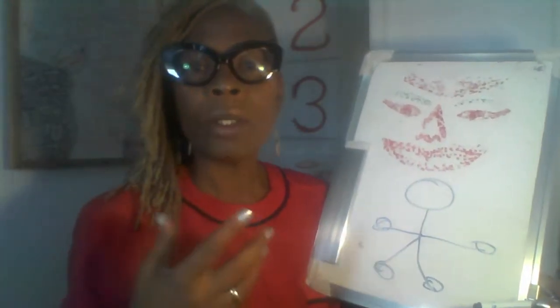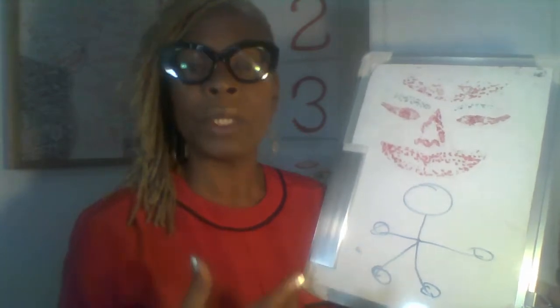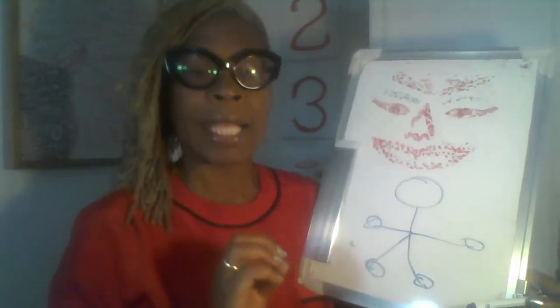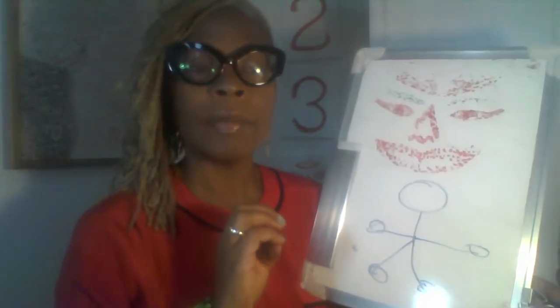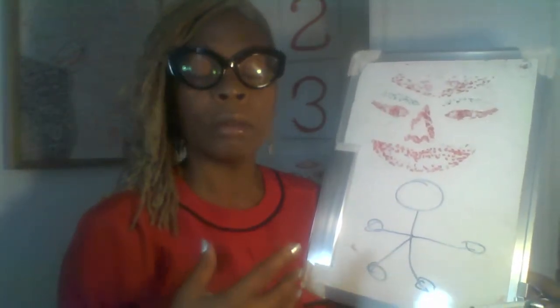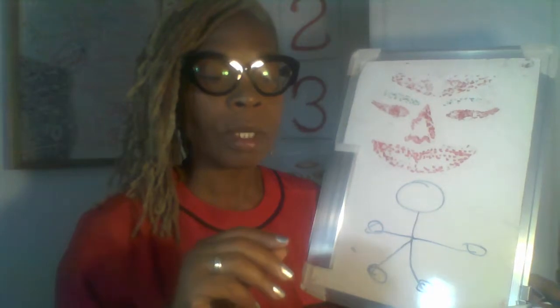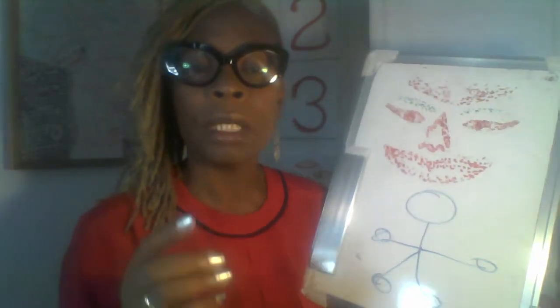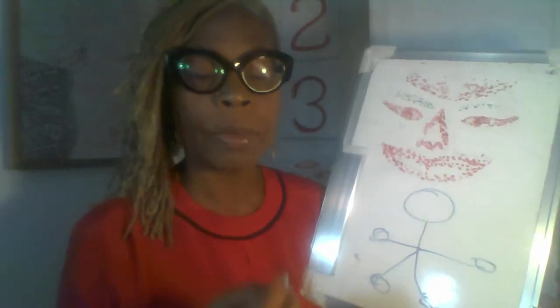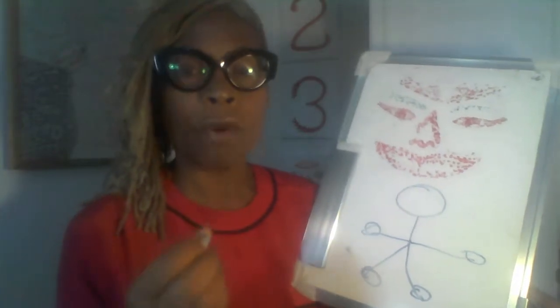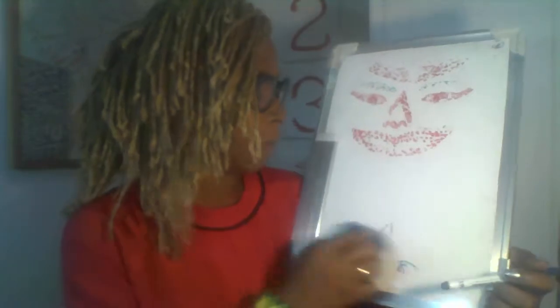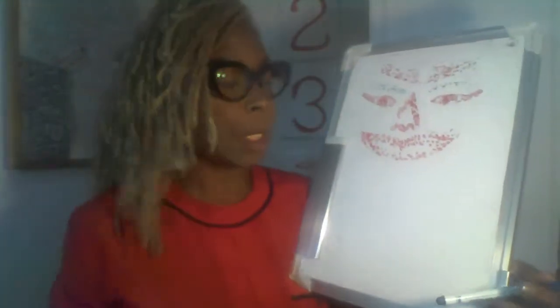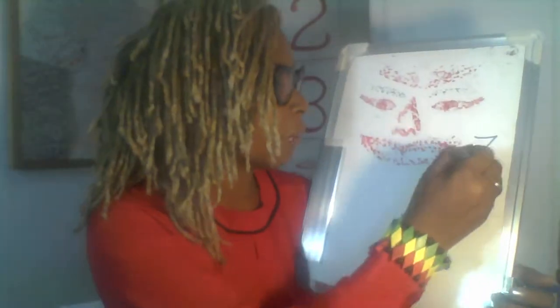And what I also thought was important to address is the part of the second verse that says, and the earth was without form. The earth was without form and void. So earth is number 7. It equals 7. Earth is 7.